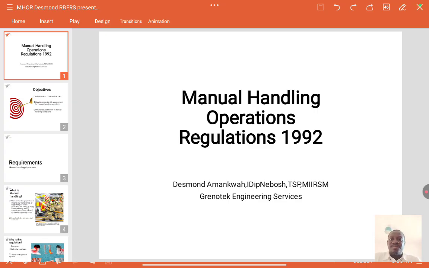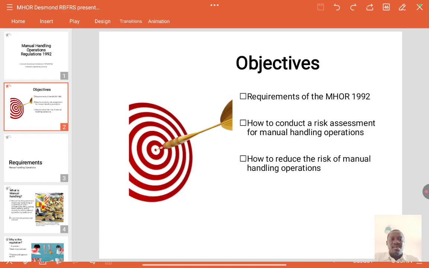So today we will basically look at our objectives of this presentation, which will be in three folds. The first fold is what is the requirement of the Manual Handling Operation Regulations 1992? What at all is the requirement? And also, how could you possibly conduct a risk assessment for manual handling operations?